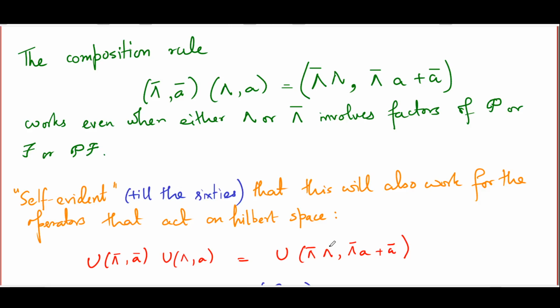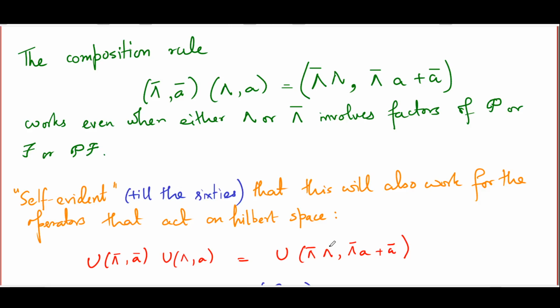This composition rule is what we pointed out as proof of the semi-direct product structure of the Poincaré group. Now, from the derivation of this, it should be obvious that this would work not only for proper orthochronous Lorentz transformations, it would also work when either lambda or lambda bar or both involve factors of curly P or curly T or curly P times curly T. That is, it would work no matter whether the corresponding Lorentz transformations are proper orthochronous or not.